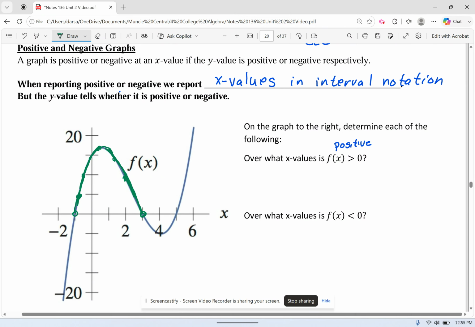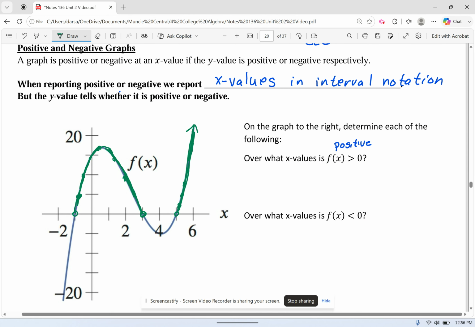Remember, 0 is neither negative nor positive. Okay, then what happens here? Are these y values positive? Nope, they're negative. And where do we start being positive again? Well, here we hit 0, and look at after this. Are all of these y's positive? Yes, they are. And remember, if it runs off the graph, we imagine it goes forever. Does that make sense? So everything I've highlighted in green here has positive y values.